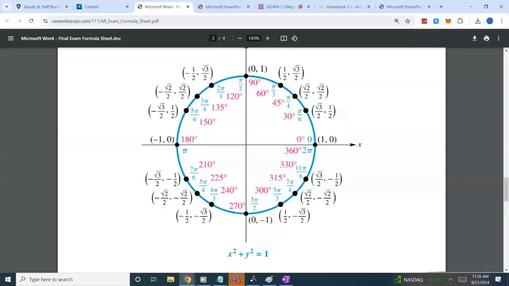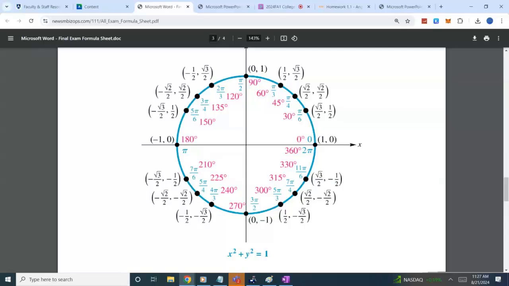What you see here are just the coordinates for this point. If my radius is 1, in order for me to get here, I would go over one place and stop. To get here, that's square root of 3 over 2, comma 1/2. The coordinates for pi over 4 are square root of 2 over 2, square root of 2 over 2. So what you see in the black are nothing more than the coordinates for that particular angle.